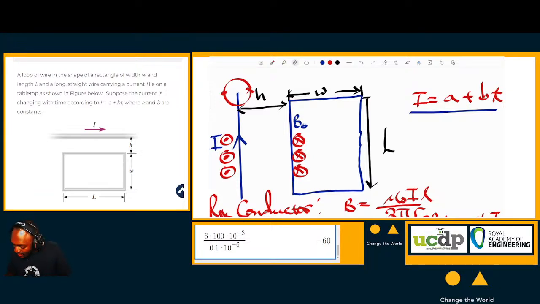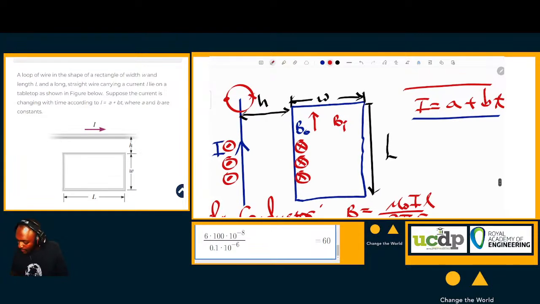So we're saying that B original is going to be increasing due to this equation, because as time increases, current is increasing, and as current increases, the magnetic field strength increases. So what does that mean? It means that BI, the induced, will be in which direction? What will be the direction of BI induced?